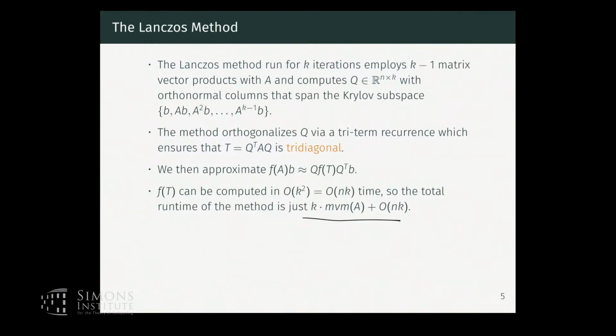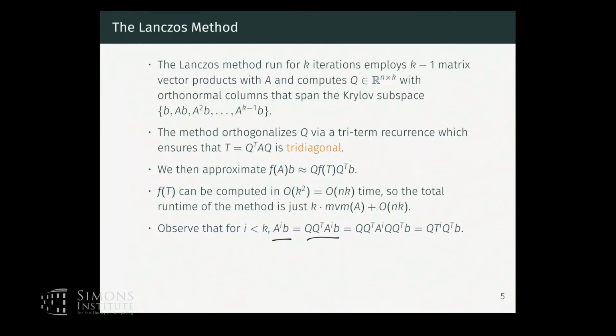Okay, so it's fast, but why are we doing it? The motivation behind this method is that it's exact for polynomials. What I can observe is that, let's say I take a monomial A to the i, where i is less than my number of iterations k. A to the i times b is equal to QQ transpose A to the i times b.